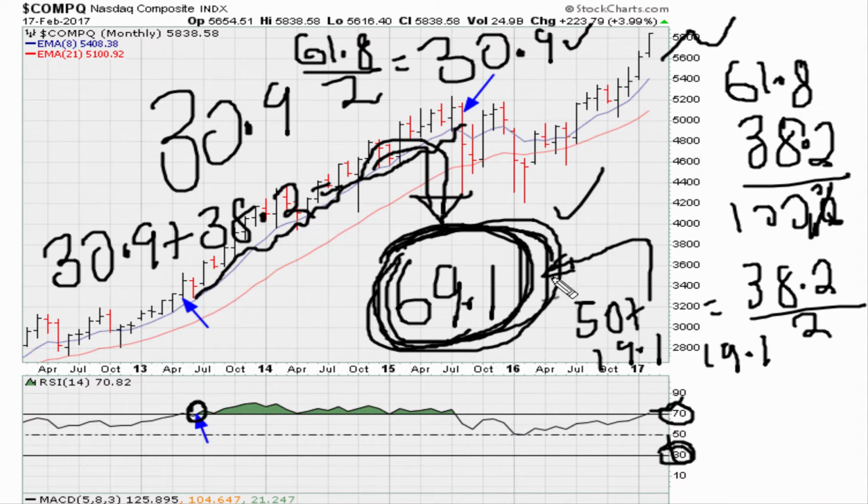So there are many ways you can get to this. I've just shown you two. Where does the 50 come from? 50 is halfway, of course, between 100 and 0. So 50 plus 19.1 gets to 69.1. That's just two methods. There are many ways you arrive at 69.1. But the moral of the story is this is a big number.